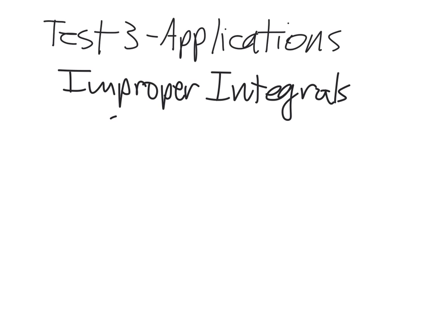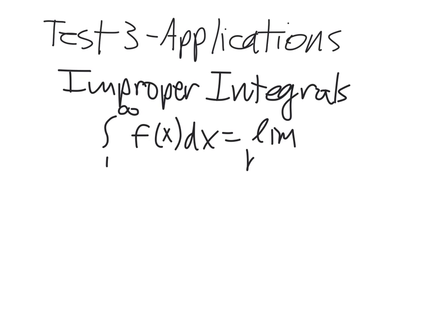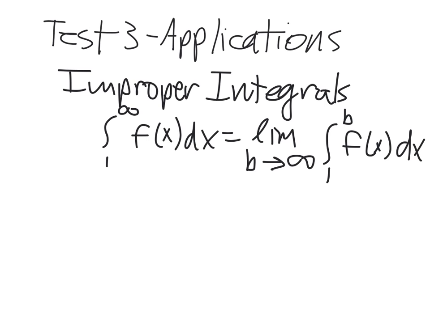Well, basic idea there is change it to a limit. Then from 1 to b is a definite integral. Go through the fundamental theorem with the definite integral and then apply the limit.